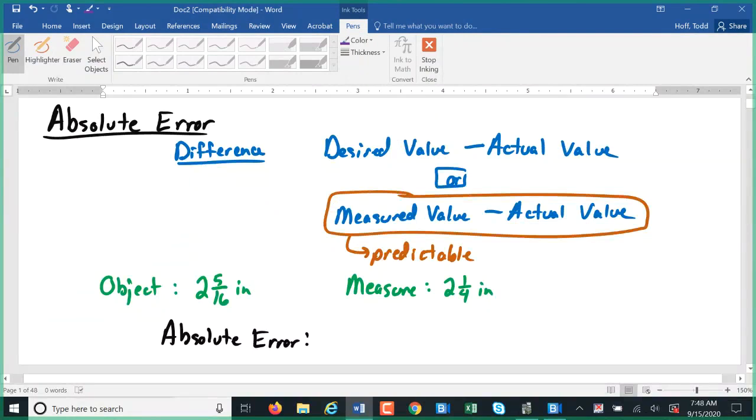Now notice I said measured value minus actual value, but I really just want how far it is between. I don't care which one's bigger. So I'm going to take the larger one, 2 5/16 inches, minus the smaller one. Error is not directional. It's just the difference between the two sizes. So it is a 1/16 of an inch is our absolute error.